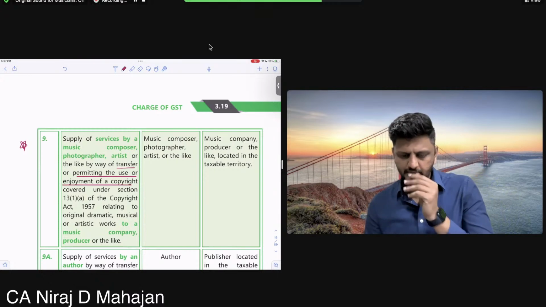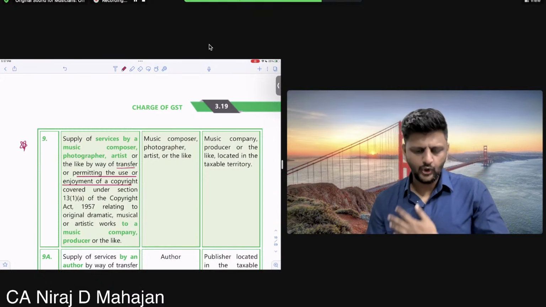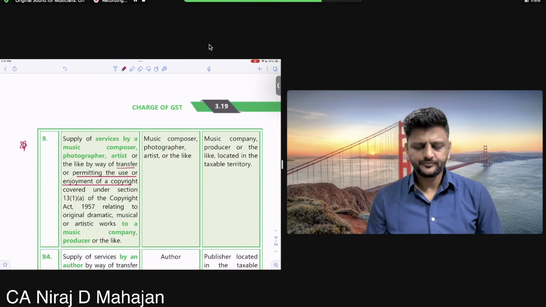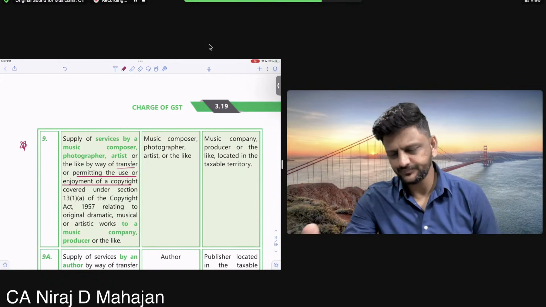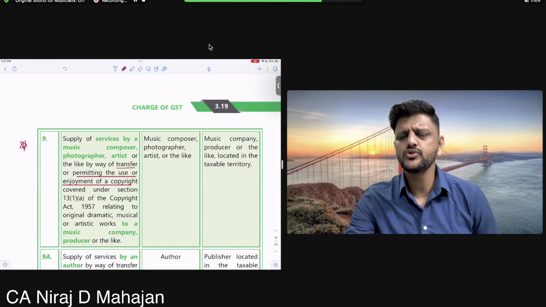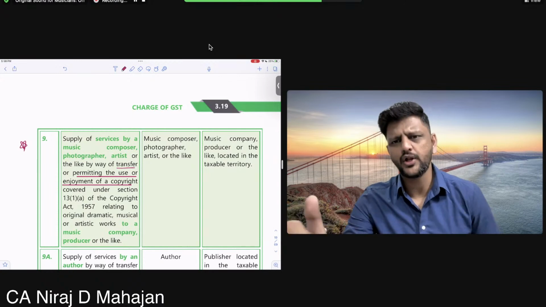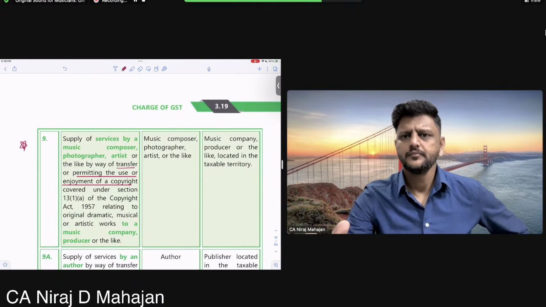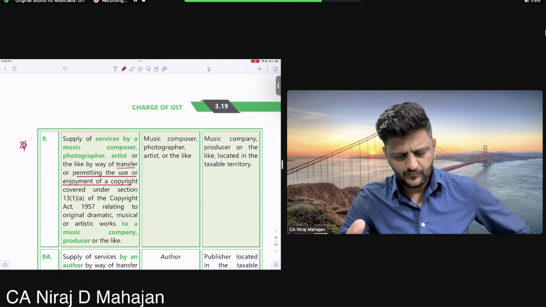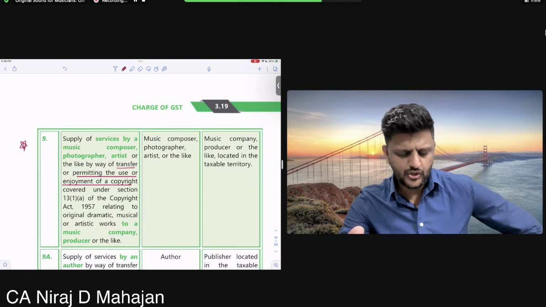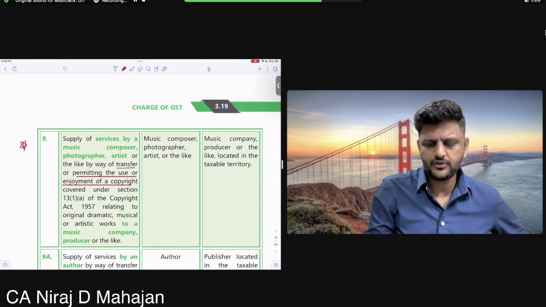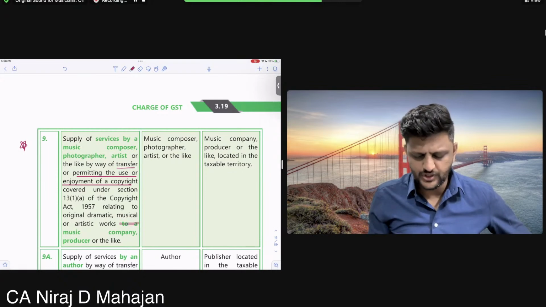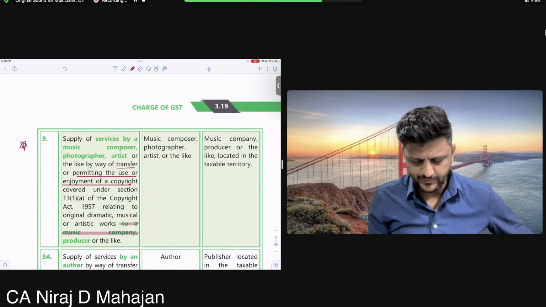Okay, or enjoyment of a copyright. You're basically transferring the use, no? So services of use of the intellectual property. Okay, everybody. Relating to original dramatic, musical, or artistic works to a music company or a producer or the like.